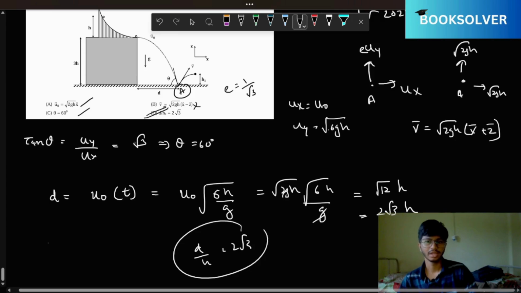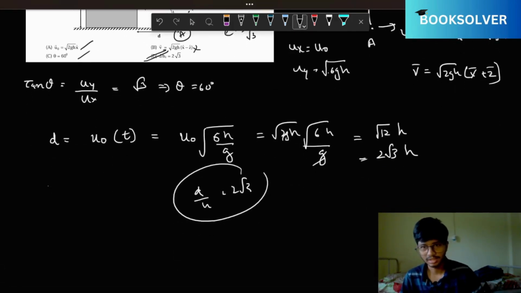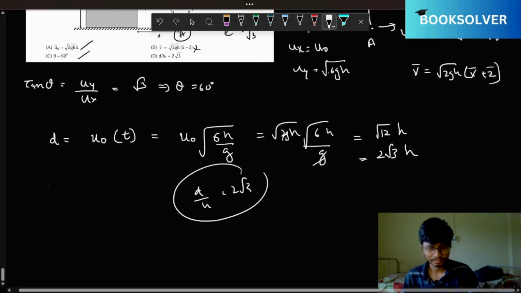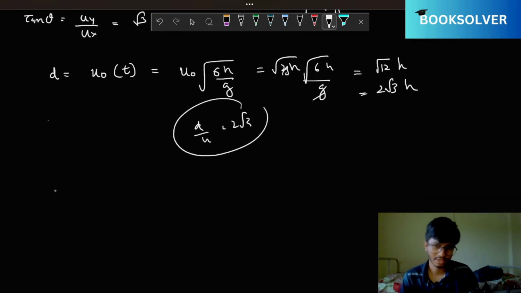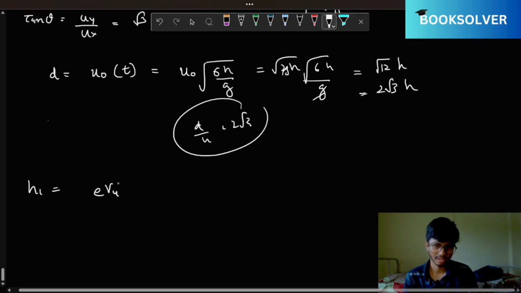Okay, so A, C, wait a second. This is h and this is h, but sorry, we still can't say if this is right. This is a different h, we need to call it h1. Now h1 is equal to e vy square, v square by 2g.